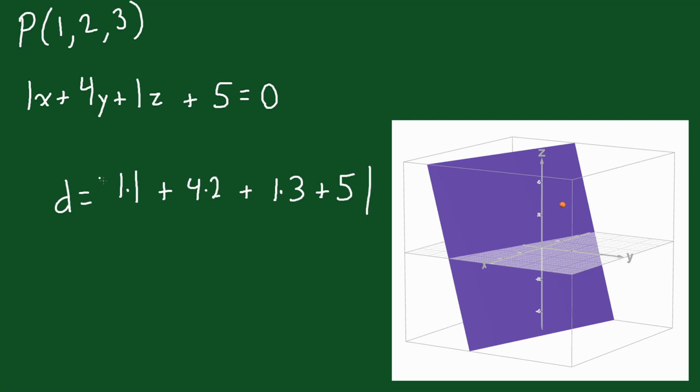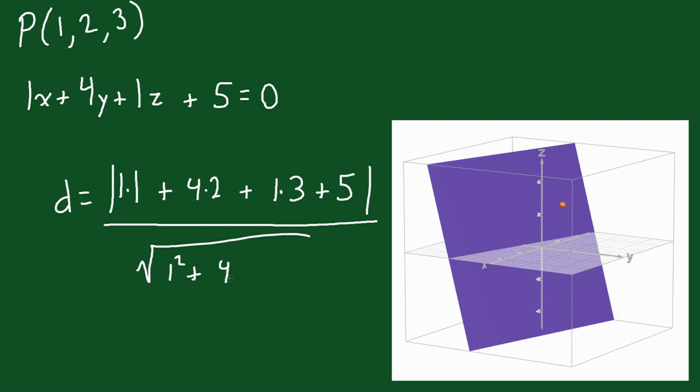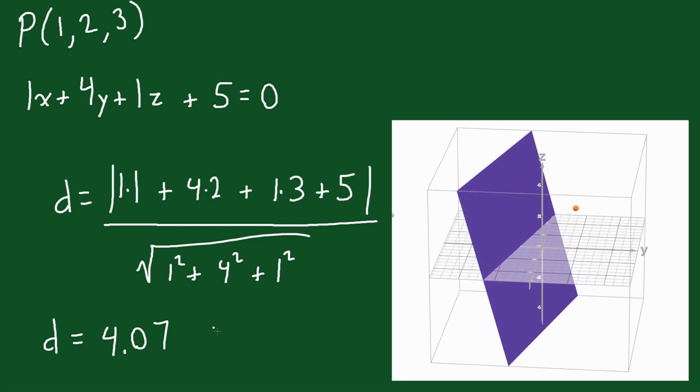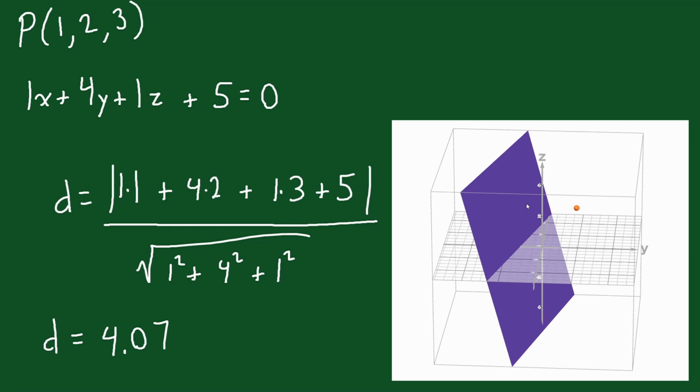Take the absolute value of all of this, divide it by the square root of a squared plus b squared plus c squared. 1 squared plus 4 squared plus 1 squared. Okay? And if you do this entire calculation, you should get approximately 4.07. Again, I rounded my answer. It's not exact, it's just an approximation, but that's the approximate distance between this point and this plane.